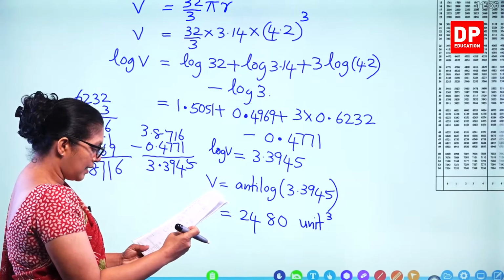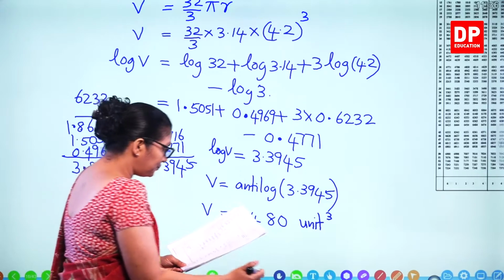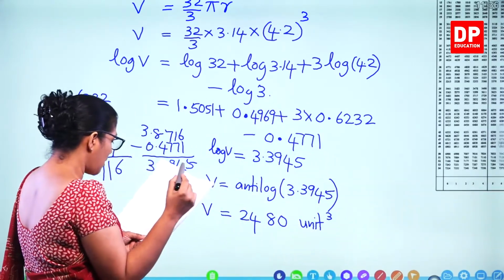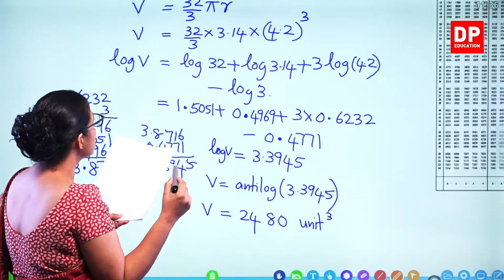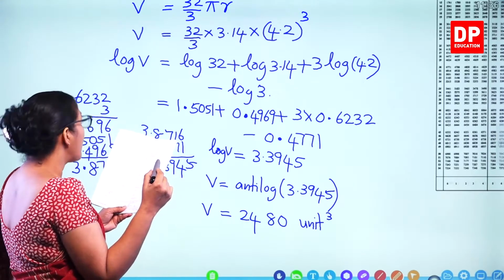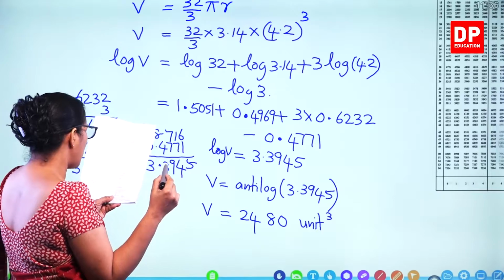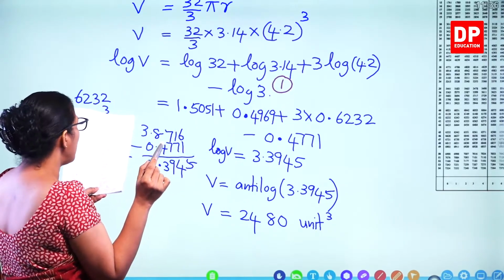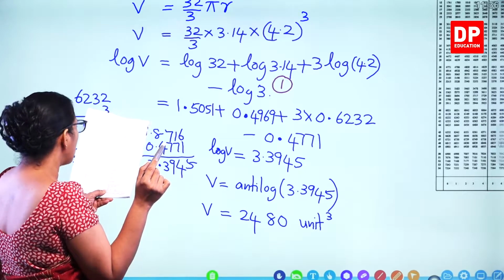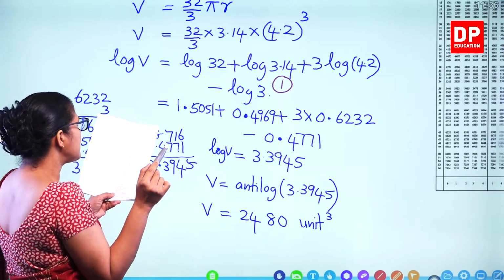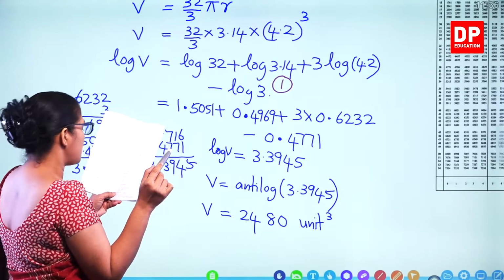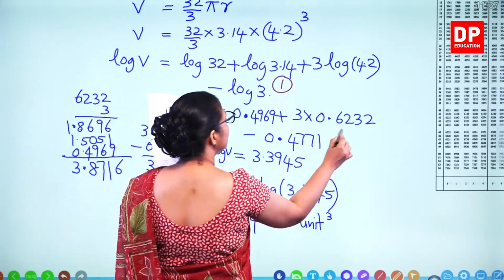So you are getting 3 marks for the whole process. Taking log both sides, you get 1 mark. And referring the table value, and you get 5051, 4969, 6232 and 4771, just 1 mark.